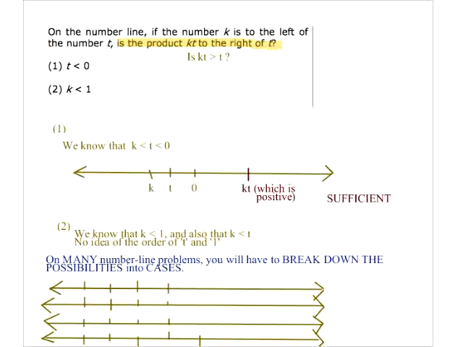We just need k, t, 0, and 1. Okay. One possibility is that k is positive and that t is more than 1. So that would look like this. One possibility is that k is positive and t is less than 1. I'm going to make t capital just because otherwise it tends to blend in with stuff.